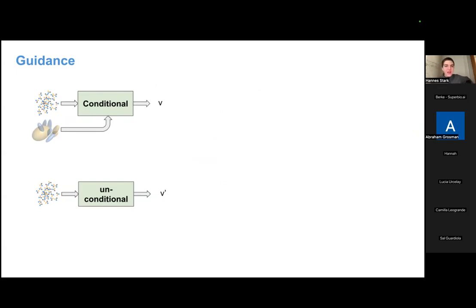We can now also use this guidance principle for our flow model, where we have our conditional vector field that pays attention to the ellipsoids and tries to adhere to the 3D layout conditioning, and the original vector field that just generates highly designable proteins.